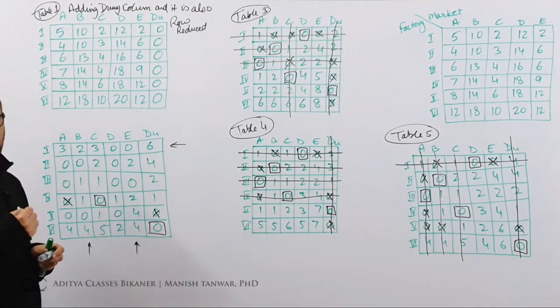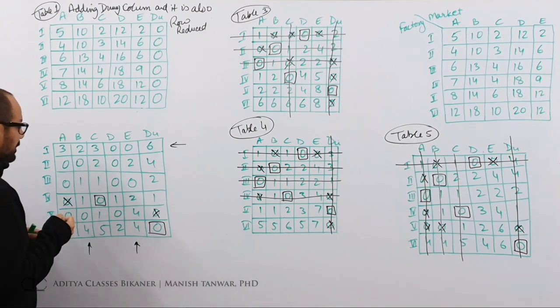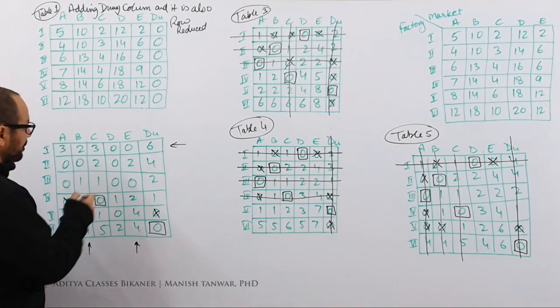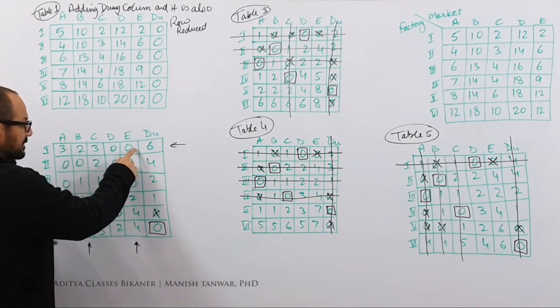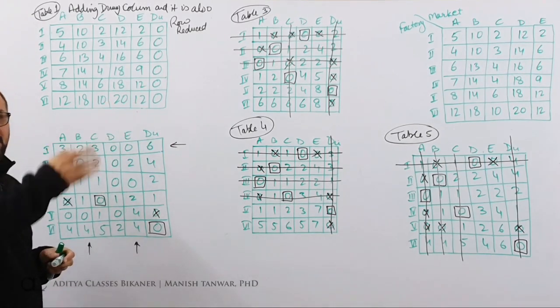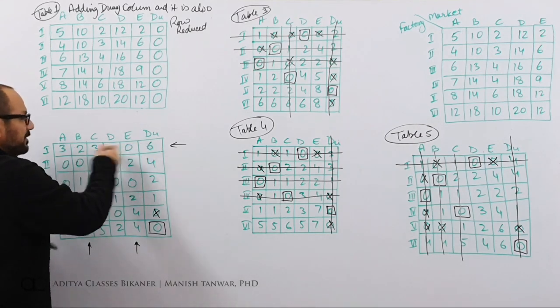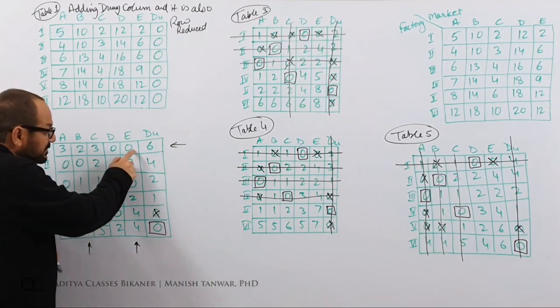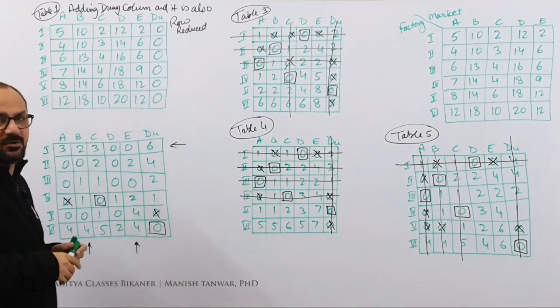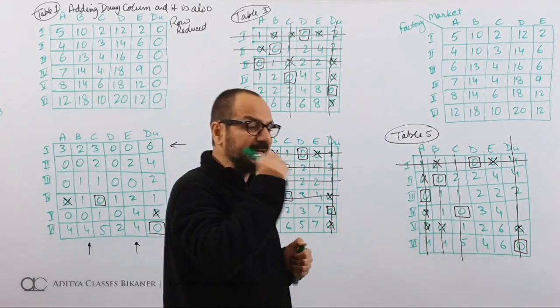Of these, which one is in most need? If I see here, here and here, this is a 0 which is common to a row and a column. These are only common to row, these are only common to column, but this 0 is common to a row also and a column also. So this is the most needy 0.